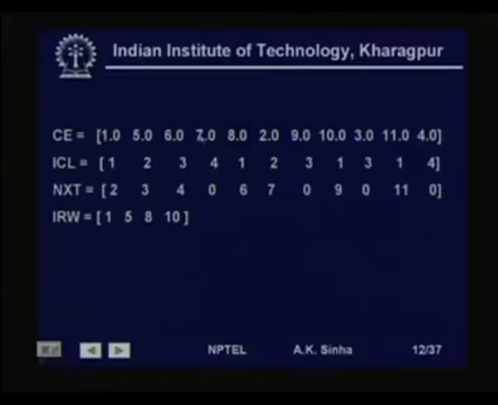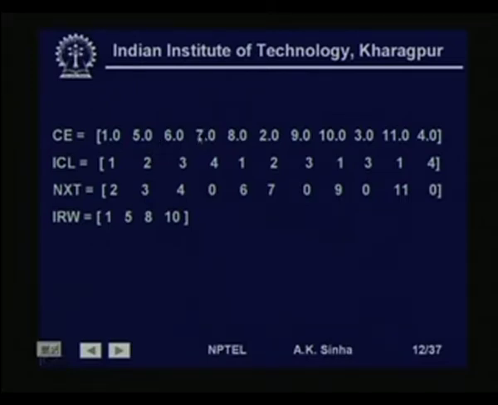So, 8 into 1,000,000, that is 8,000,000, or 8 megabytes, will be required for a 1000 by 1000 matrix, whereas for this sparse matrix you will require 8 into 4000, that is 32,000, plus 4 into 1000, which will be 4000.